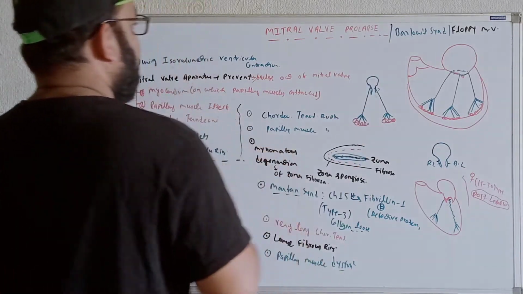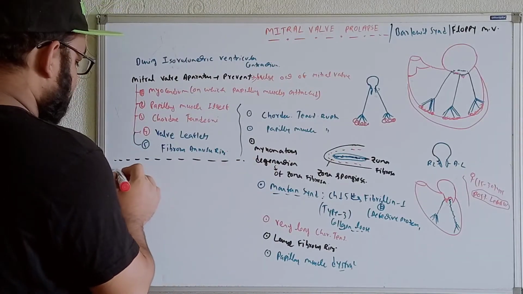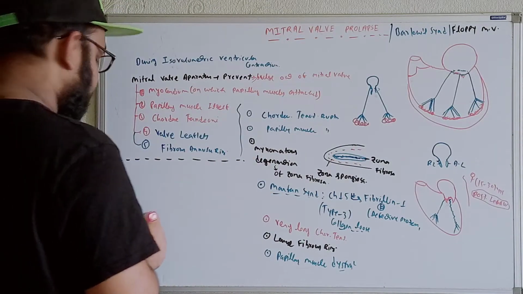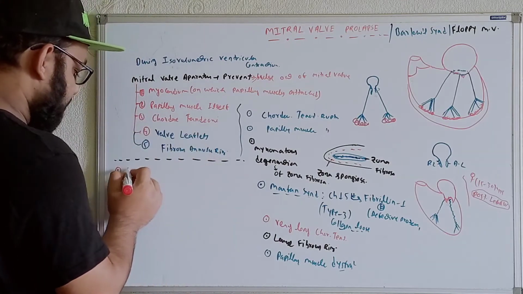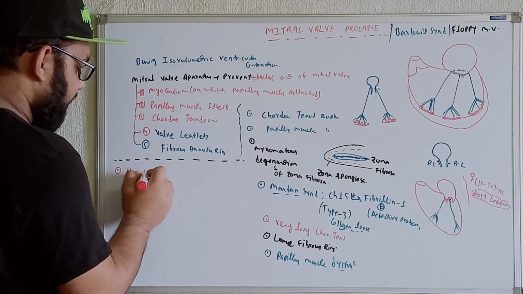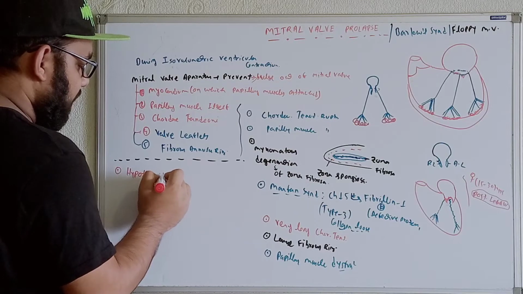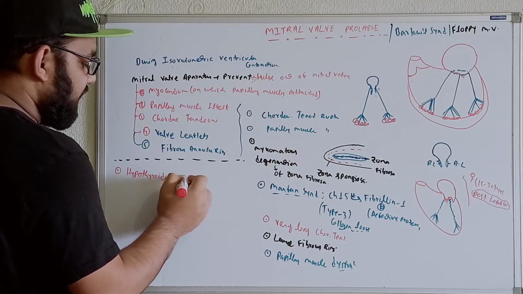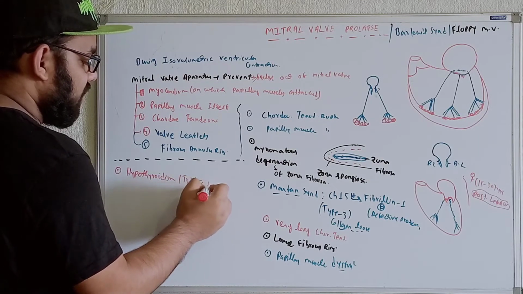So what are the other causes over here? As I said, hypothyroidism, where we will get lower T3 and T4 levels, can also cause mitral valve prolapse.